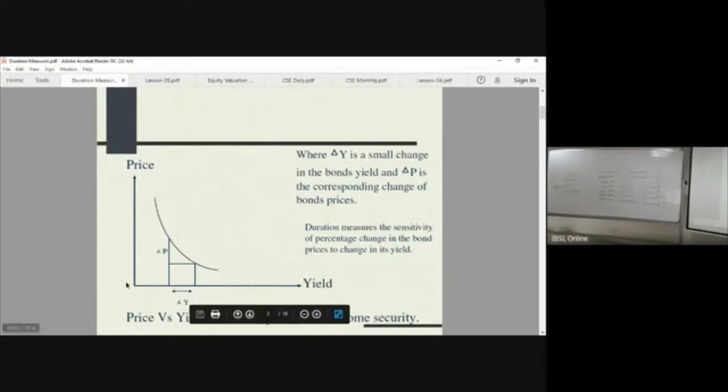Yield is taken along the x-axis, the horizontal axis, and price is taken along the y-axis, the vertical axis.